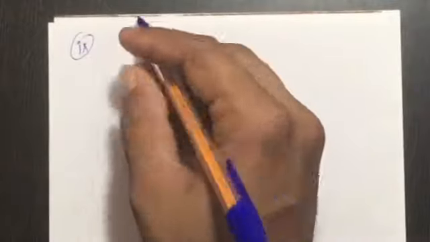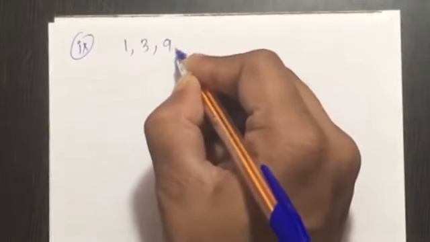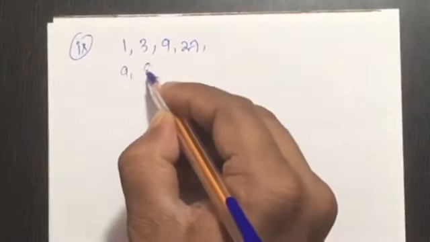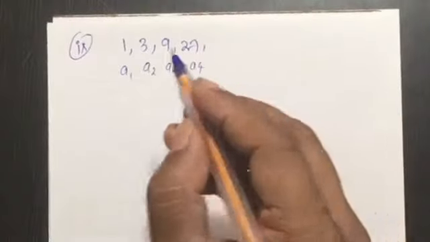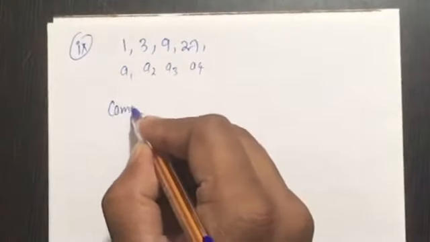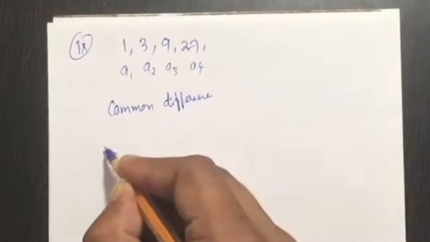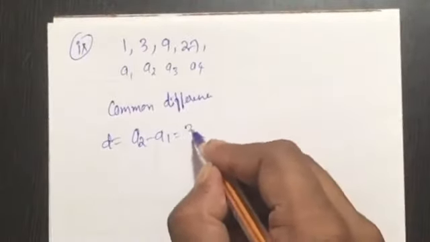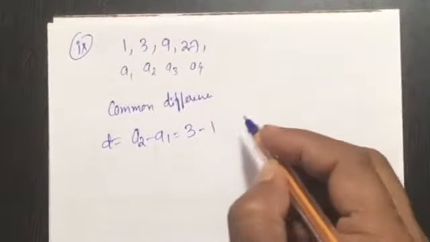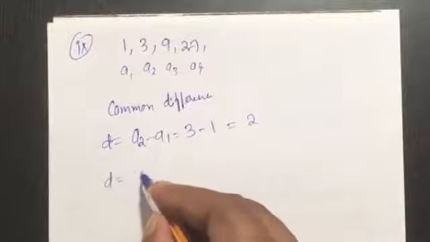Ninth problem, the series is given: 1, 3, 9, 27. Here the first term is A1, then A2, A3, A4. So find the value of the common difference. D is A2 minus A1. A2 is 3 minus A1 which is 1. This is equal to 2. Similarly, go for the next one.